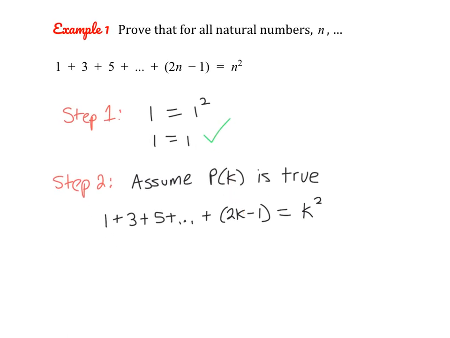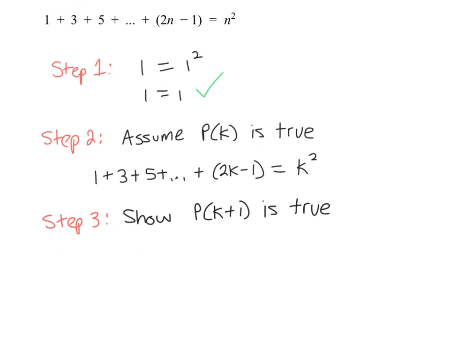So now step 3 is to show that p of k plus 1 is true. Here it's really important for us to understand that p of k plus 1 is just one term after p of k. So we're essentially taking what we used before, 1 plus 3 plus 5 plus dot dot dot plus 2k minus 1.